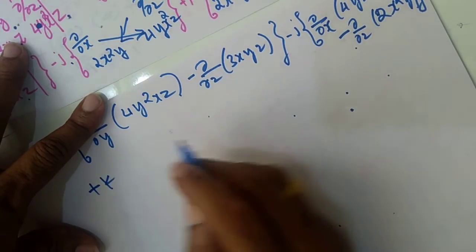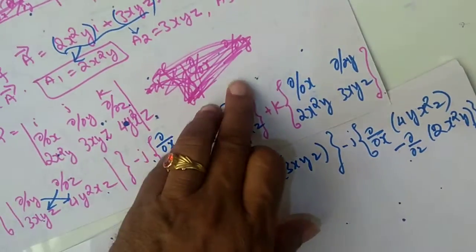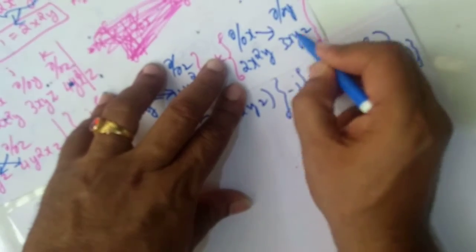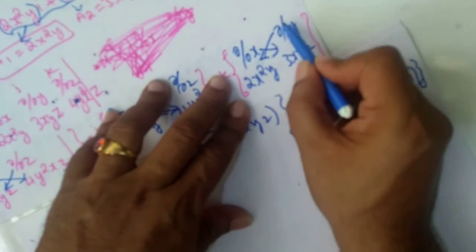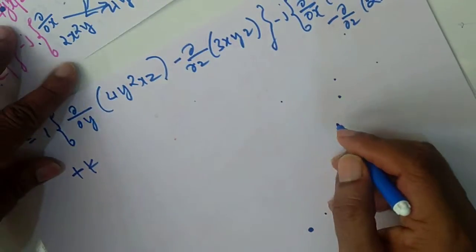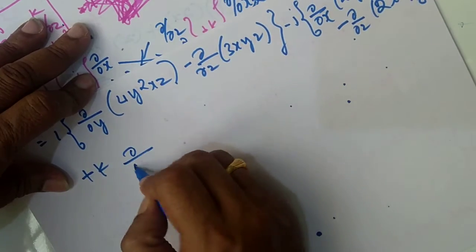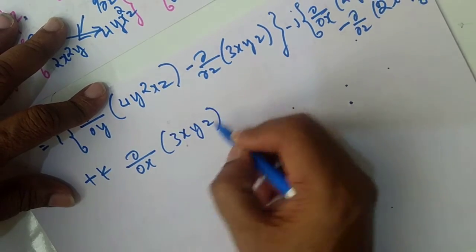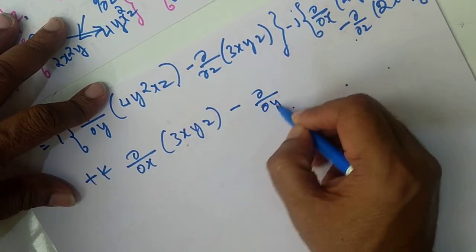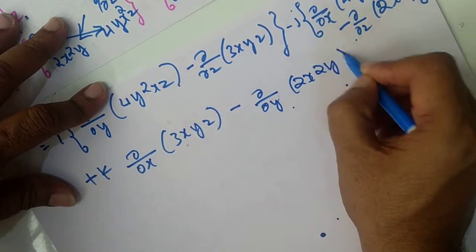Next, plus k into dou by dou x of 3xyz minus dou by dou y of 2x squared y.